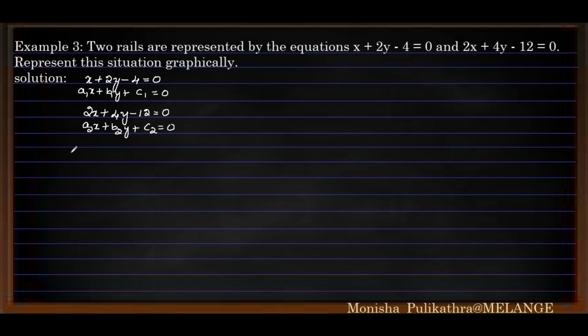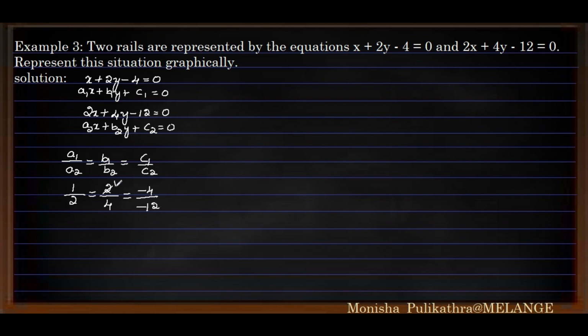Okay, first we need to compare the ratios, that is a1 by a2 equals b1 by b2 equals c1 by c2. We substitute the values: a1 is 1 divided by a2 is 2, equals b1 is 2 and b2 is 4, equals c1 is minus 4 and c2 is minus 12.